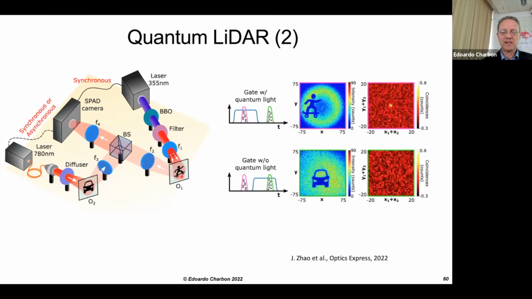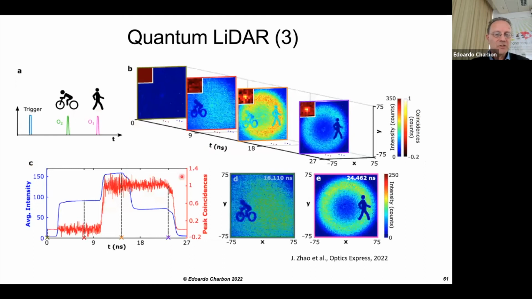So here you can see that by just performing very fast detection and using the gating that I demonstrated to you earlier, I could distinguish the two images. So this is another view of the implementation of the quantum LiDAR, where again, you can in real time reconstruct images that are classical versus images that are quantum.